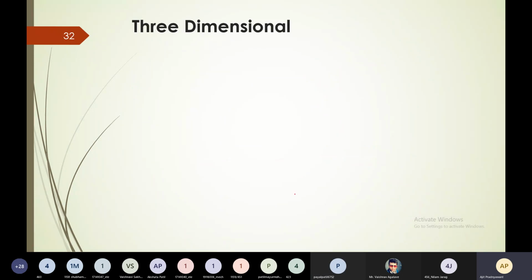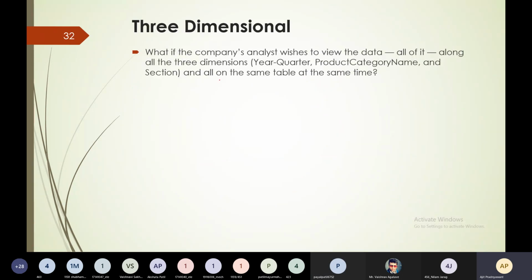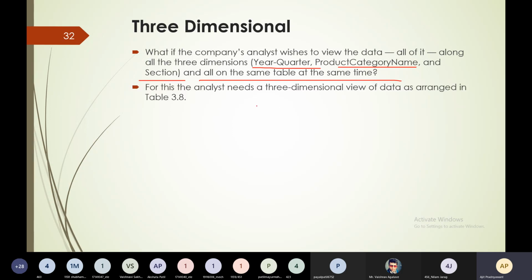Next is three-dimensional. What if the company analyst wishes to view all of the data along with three dimensions, that is year quarter, product category name, and section, all on the same table at the same time? They want all this data at the same time. So for this the analyst needs a three-dimensional data view.